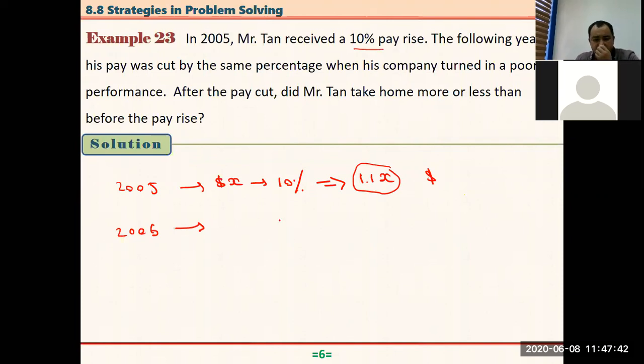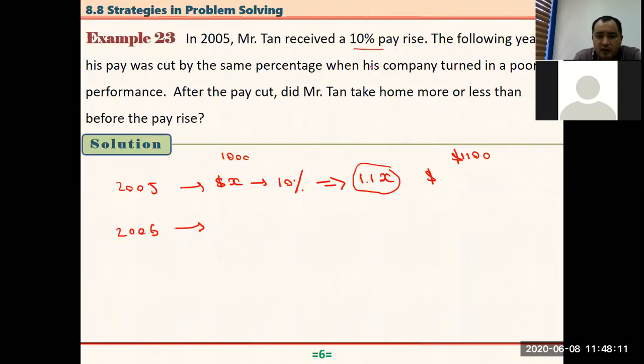But for some reason, because of this coronavirus or some kind of crisis, the company decided to cut his salary by 10% next year. But now, when he actually enters 2006, his salary was this, right? And if you get confused, you can just write here, this one is $1,000. After 10%, now it is $1,100. So now his salary is $1,100.